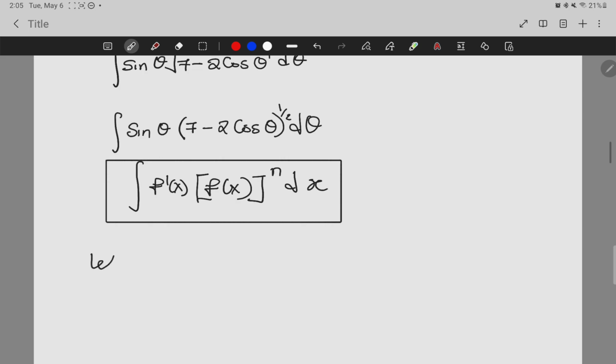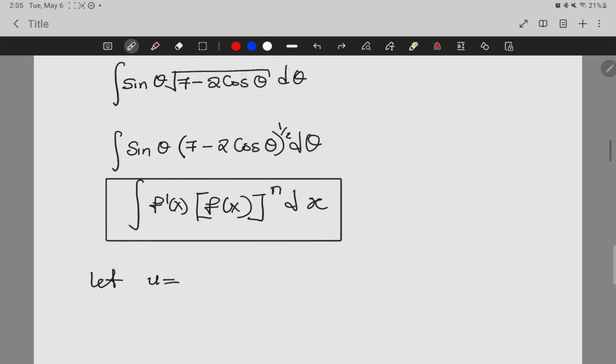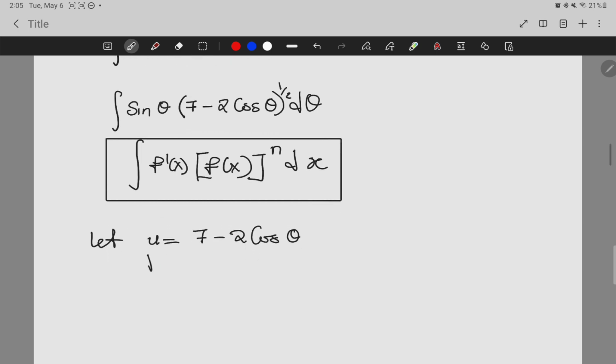Here you would have to let u be equal to the expression that is raised to the power there. In this case, for our problem, u will be 7 minus 2 cos theta. When you differentiate this with respect to theta, the derivative of 7 is 0, so just minus 2, being a constant, times the derivative of cos, giving you minus sine theta.